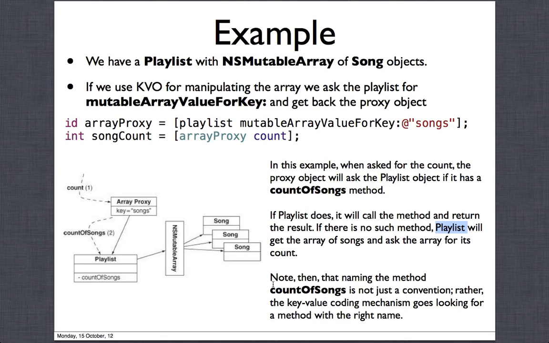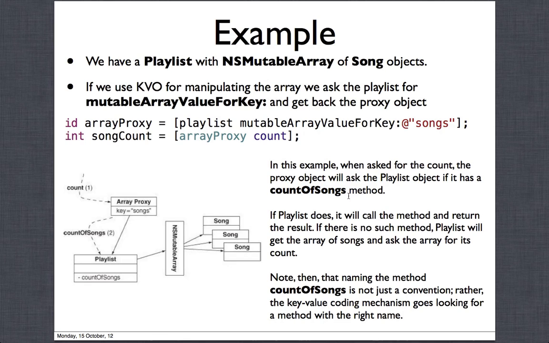And again, the naming, the method countOfSongs, is not just a convention. This is the key value coding mechanism and this name is generated by that mechanism. So if you had not songs but books and you asked for min, then the method that will be called first will be minOfBooks.